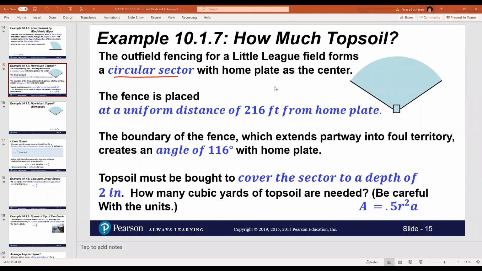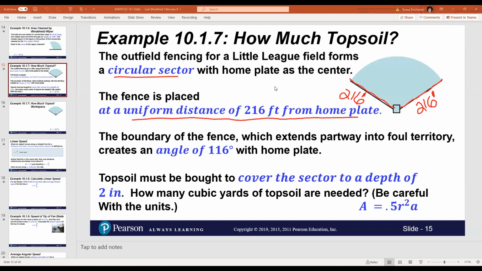A fence is placed at a uniform distance of 216 feet from home plate. This is the fence. Uniform distance of 216, they're telling us that this is a radius of a circle. Uniform means that we can count on the fact that it's the same in both spots, and therefore it qualifies to be the radius of a circle.